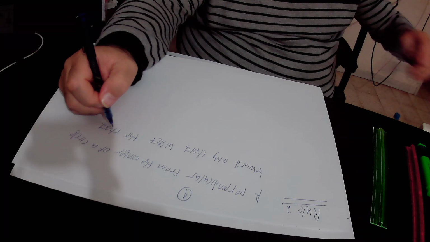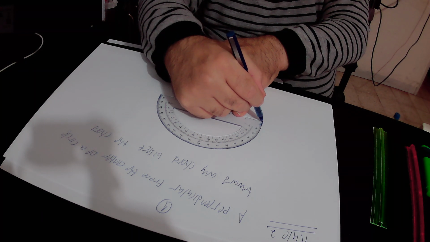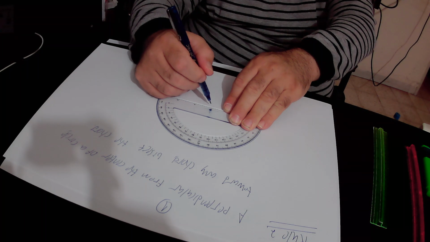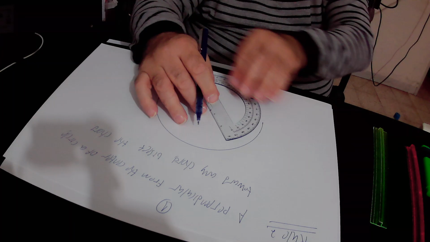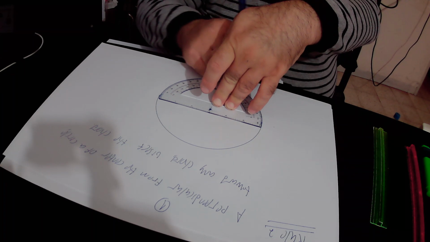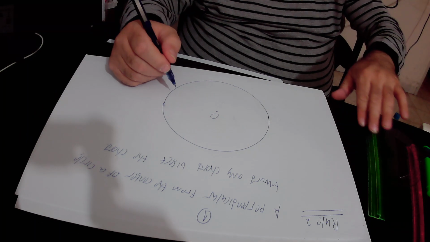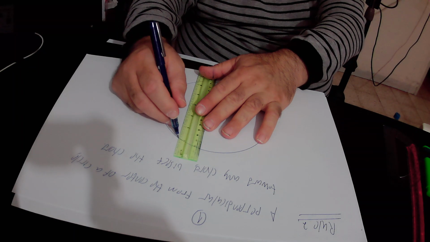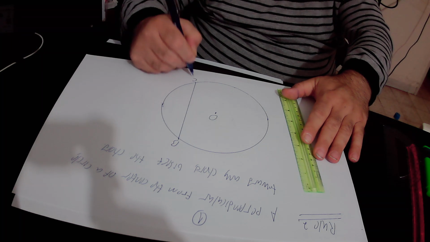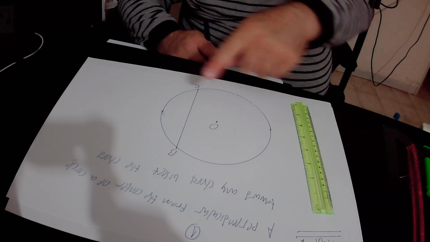So actually if we have a circle, that could be any circle, we know that the center of this circle is at point O, and we have chord BC, that could be any chord, and we have a perpendicular from the center of this circle, that is to say from point O to chord BC.